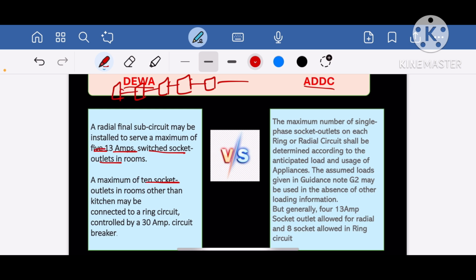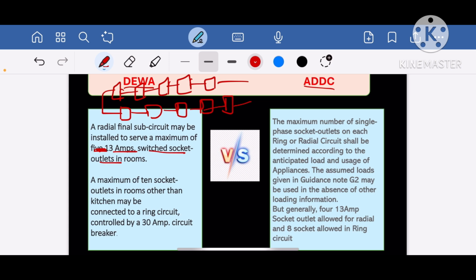We can have 5 13 ampere sockets in a radial, and if it is a ring, then we can add a maximum of 10 single sockets.